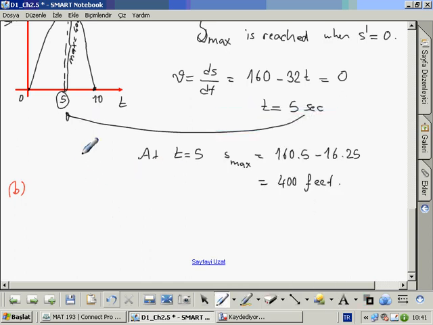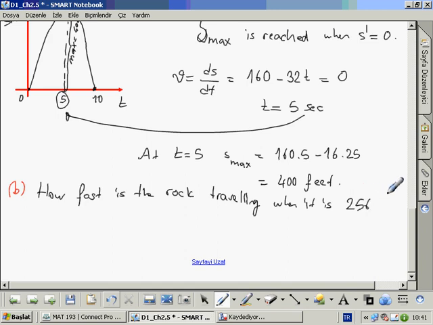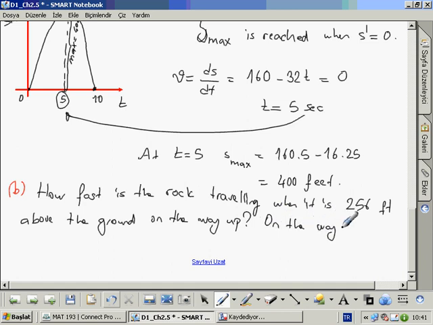And the B part of the problem: how fast is the rock traveling when it is 256 feet above the ground on the way up, and also on the way down?